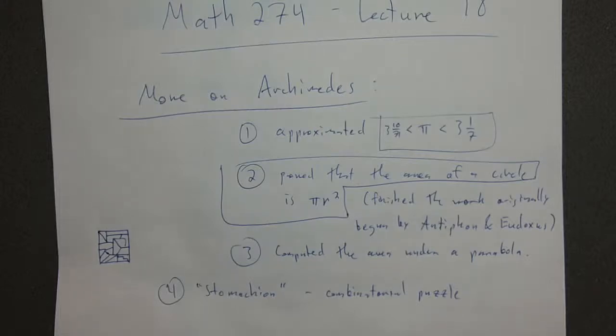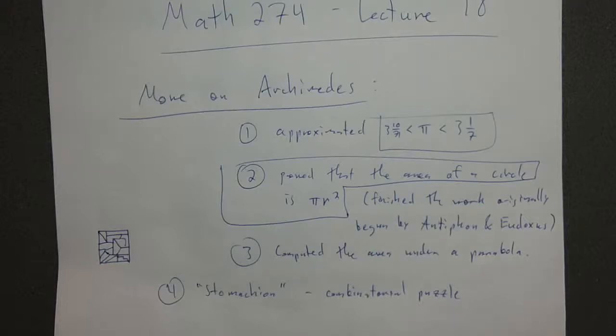And so he would get slightly annoyed with them and would send them false results, sometimes peppered in with his true results, to see if they would recognize that they were false, or if they would try to claim, "Oh yeah, we also came to this false conclusion that you just made up." He would also issue them challenges. So one example of a challenge like that is called Archimedes' cattle problem.